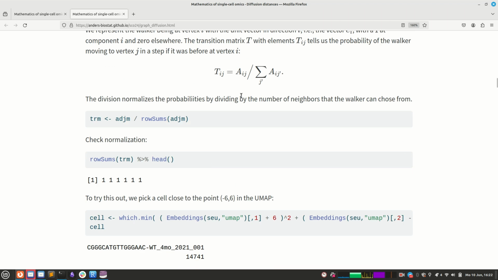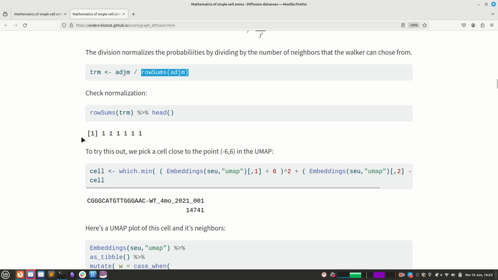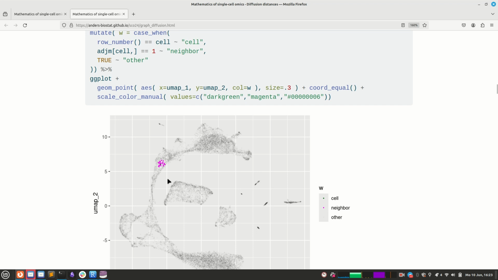Then we do this discrete case for random walk, where we first said, let's normalize the adjacency matrix, so that if we come in with 100% probability on one vertex, we go out with 100% probability. For this, we have to divide everything by the rows, so this is with D to the minus 1 times A. Here you see this UMAP plot where we start with 100% probability on this blue cell, and then we go through one step, and each of these 15 neighbors, shown in magenta, now has probability 1/15.